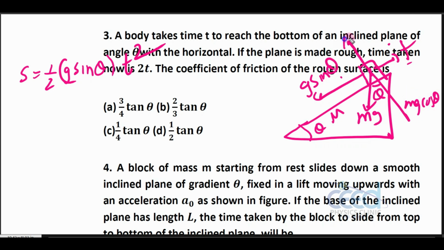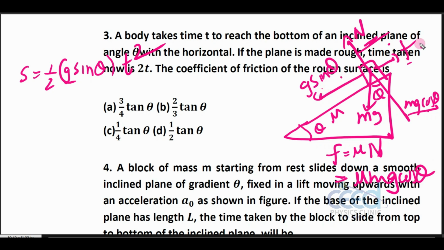Then the force of friction is equal to mu N. The normal reaction is mg cos theta, so the friction is mu mg cos theta.